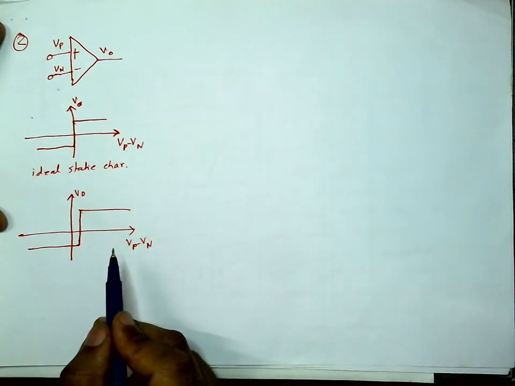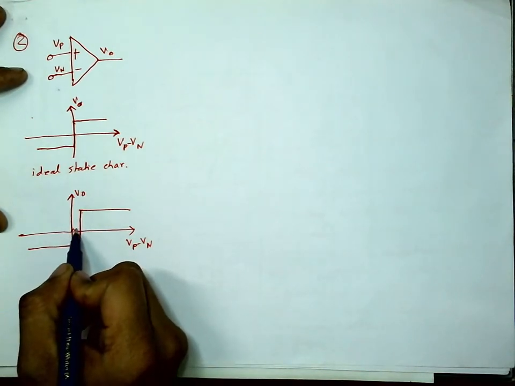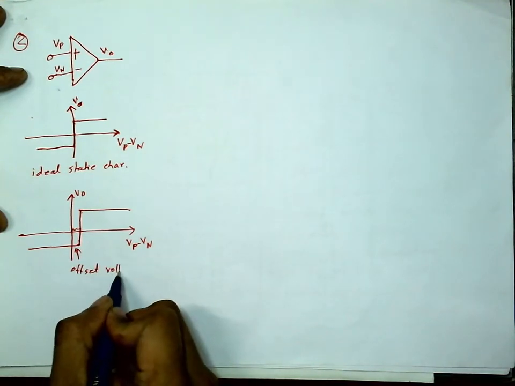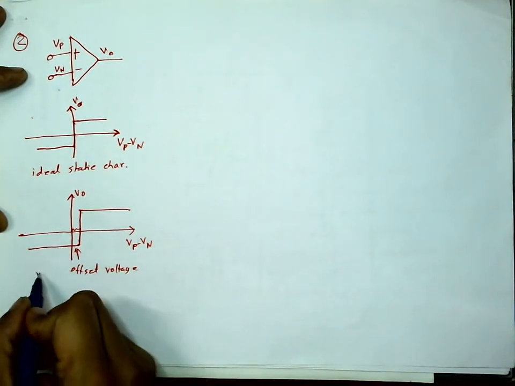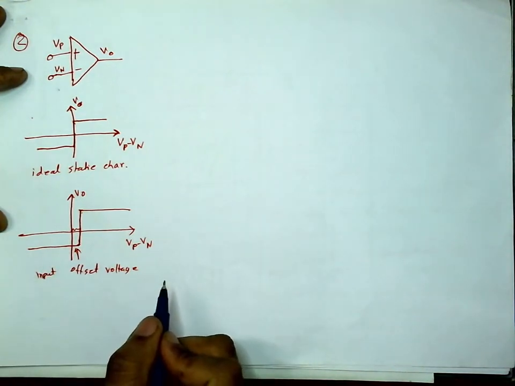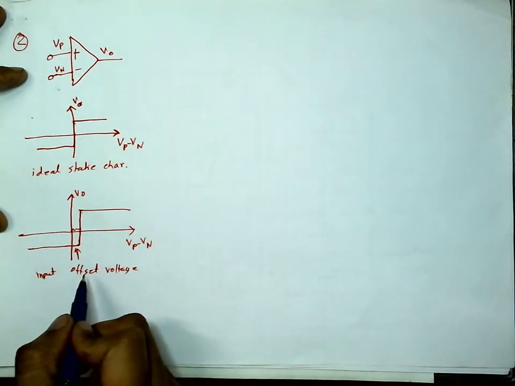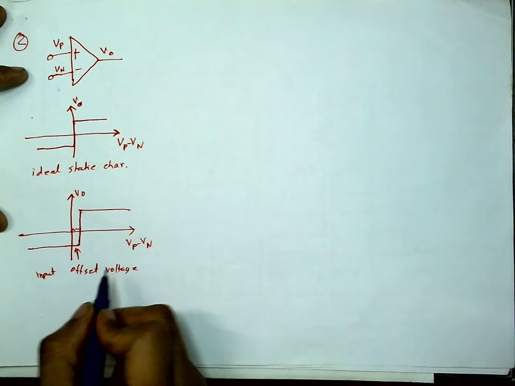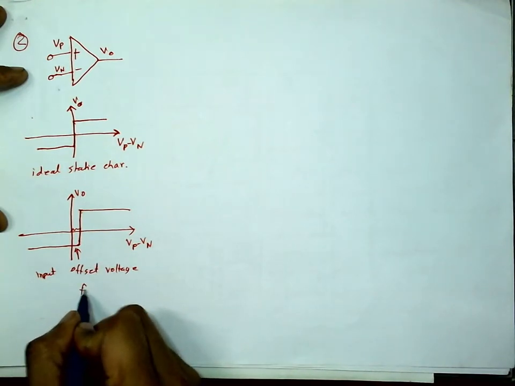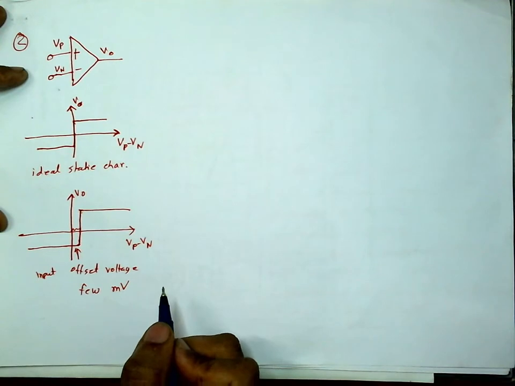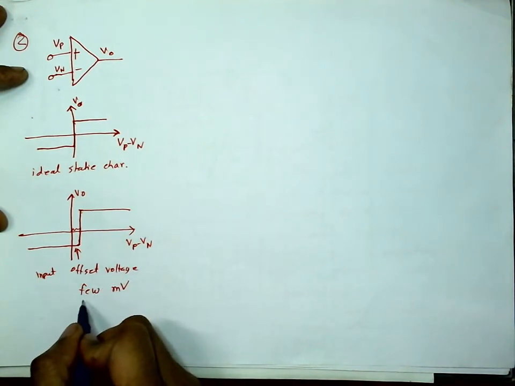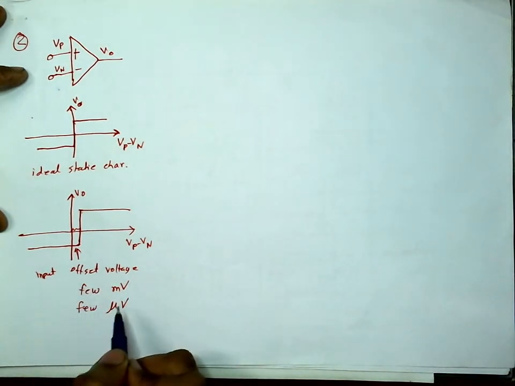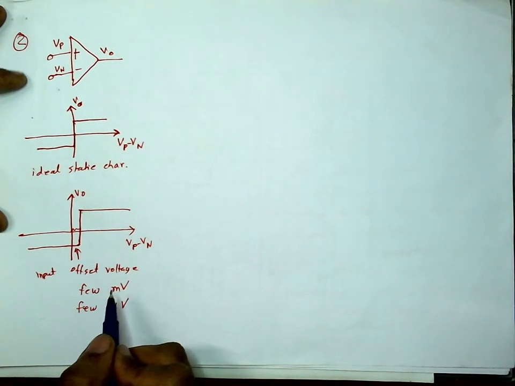But generally this gap is very small. This is called an offset voltage, input offset voltage better. This input offset voltage is generally at max a few millivolts, of the order of millivolts, and for a higher quality op amp, it's only a few microvolts.